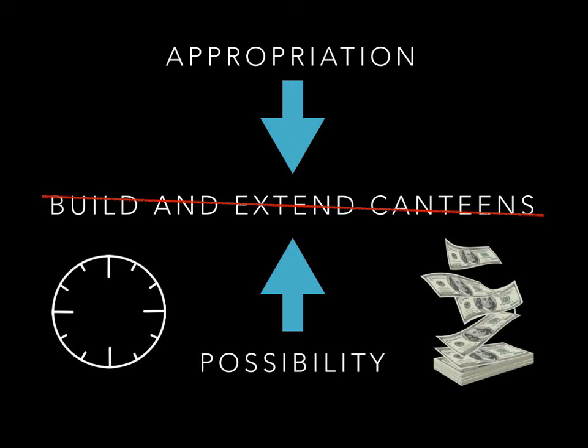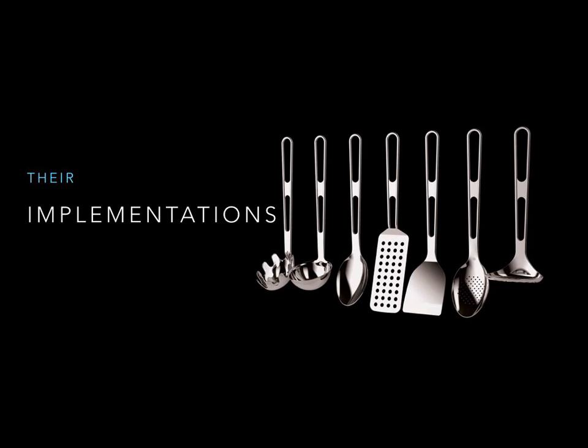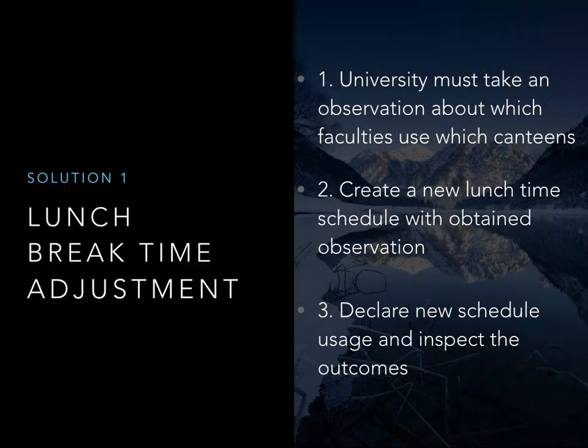Thus, we finally selected the first solution, lunch break time adjustment, together with the second solution, the queue card system, as a combination of solutions. For their implementations, they can be implemented independently because they are solving the problem in different scopes.